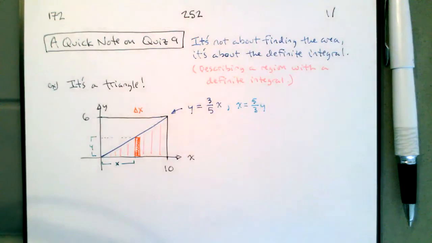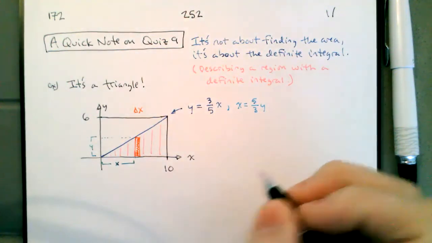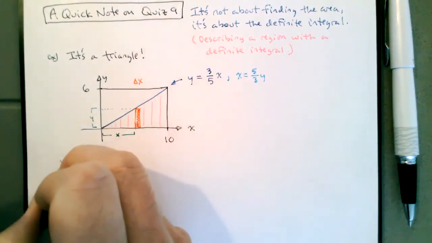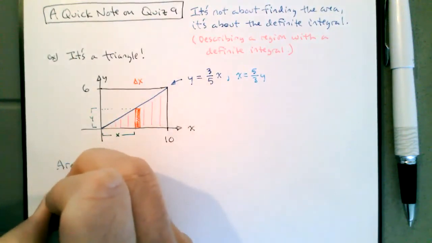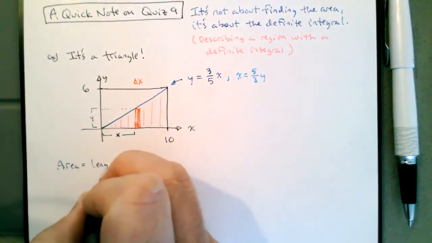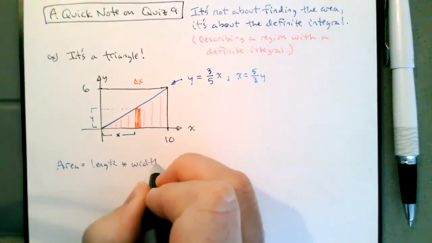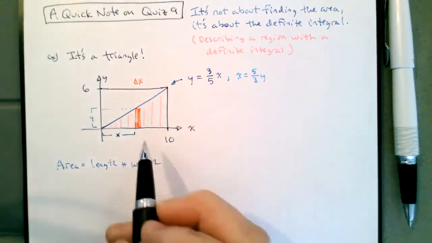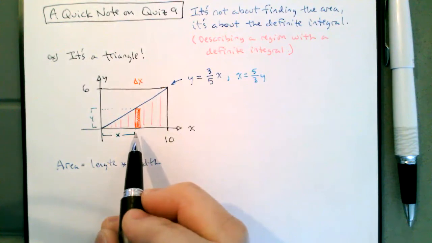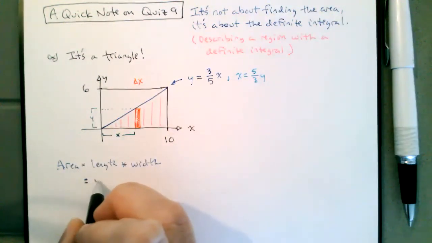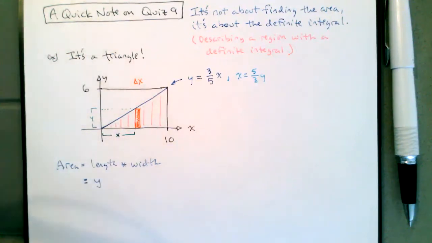And since we're doing area in a calculus class, the only area formula we need is length times width. Area is always length times width. So I can take the width to be the delta x, and then the length is going to be y.